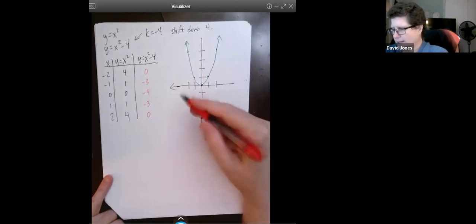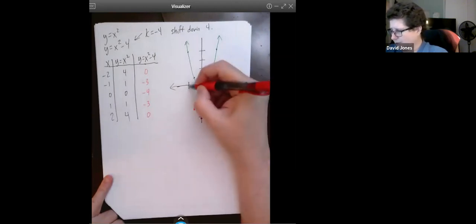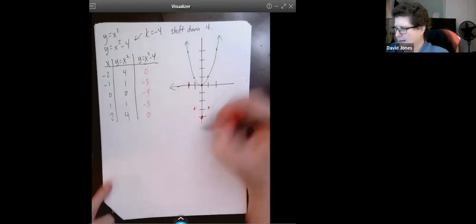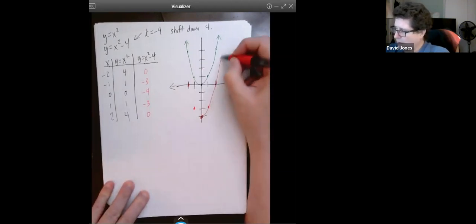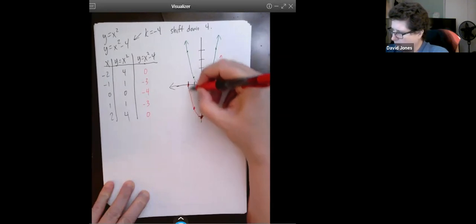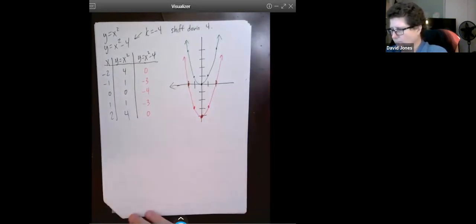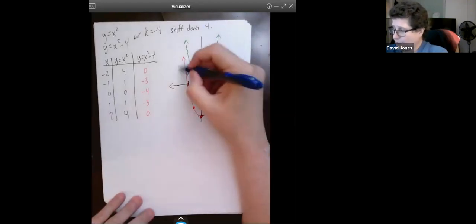I've got a point at negative 1, negative 3, a point at negative 2, 0, a point at 1, negative 3, and a point at 2, 0. What's changed here? All of these are down 4 units.